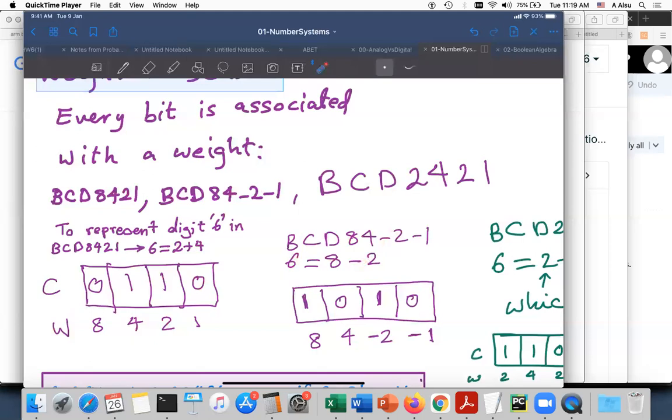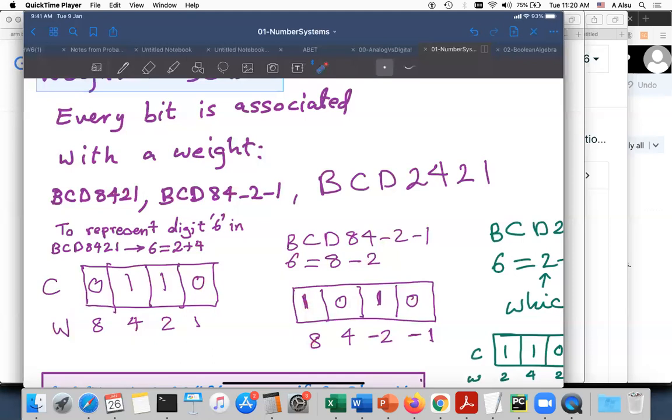Here we have the weights 8, 4, -2, -1, and then we set 1 for the weights that we add up. So we added up 8 and -2, right? So we have a 1 here and a 1 here and a 0 for the rest of the non-appearing weights. If you multiply 1 times 8 plus 1 times -2, you get a 6.